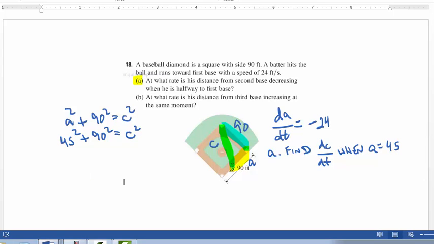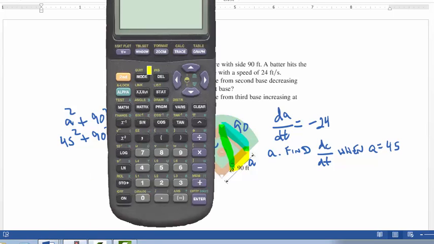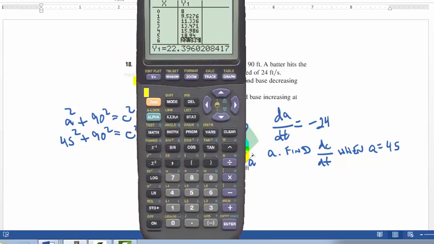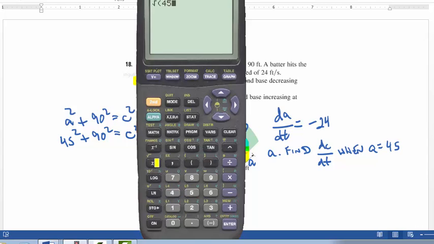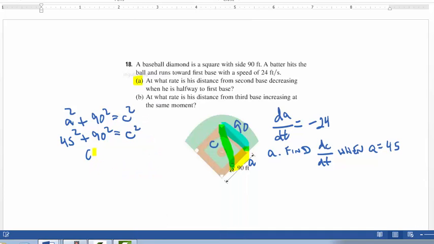I'm using a calculator for this. You would just do the square root of 45 squared plus 90 squared, which is going to be 100.6. So C is roughly 100.6 feet.